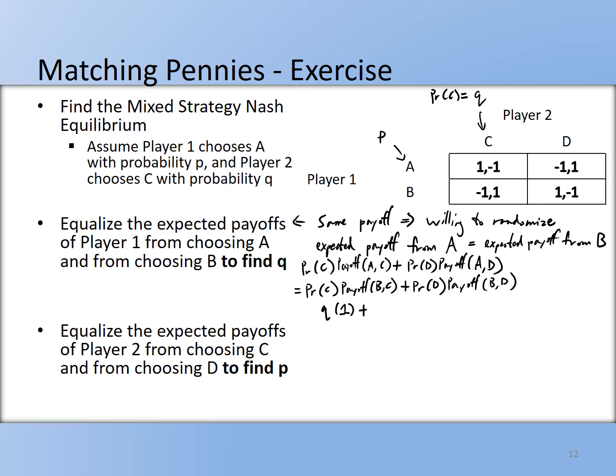D means not C. So D would have 1 minus Q chance. Okay? And what does player 1 get in this case? -1. Right? To make it easier for you to see, I'm going to use color code, right? In this moment. 1, -1.